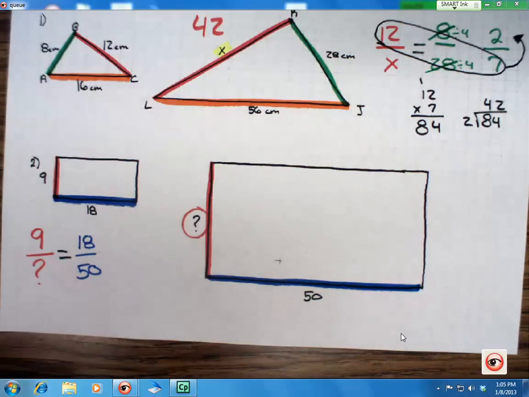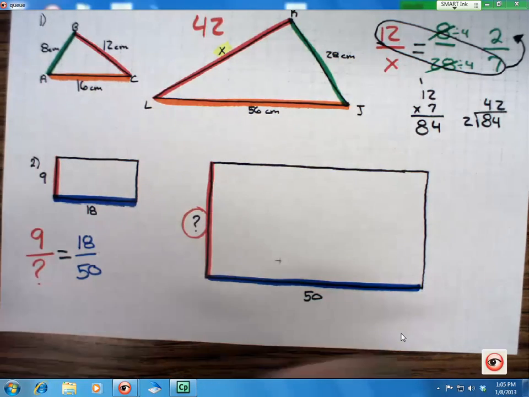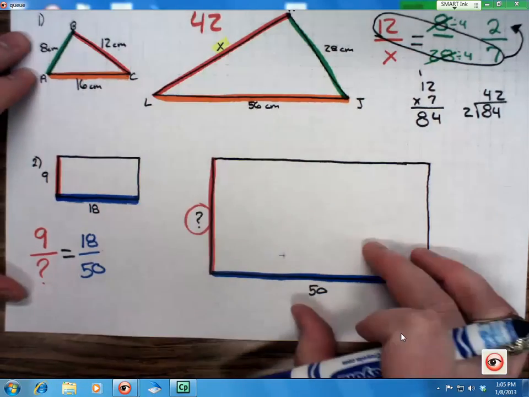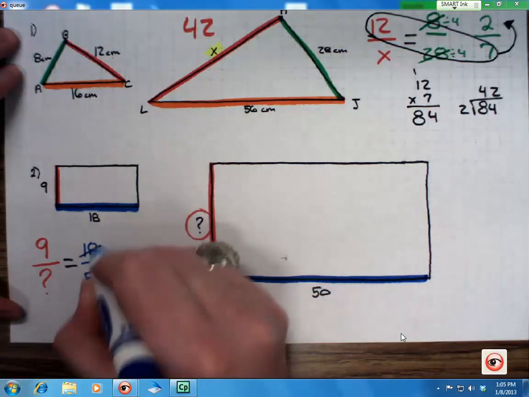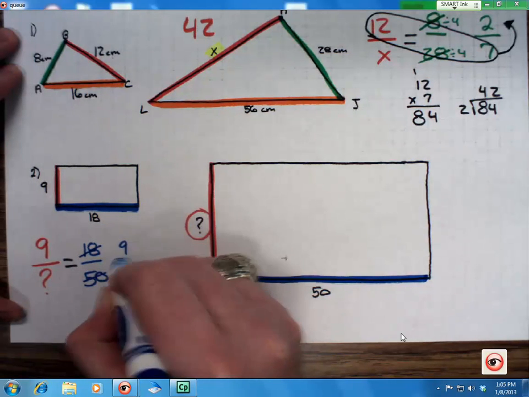Now, on this one, 18 over 50, I could simplify that again because I know that 2 will go into both of those, which would give me 9 over 25.